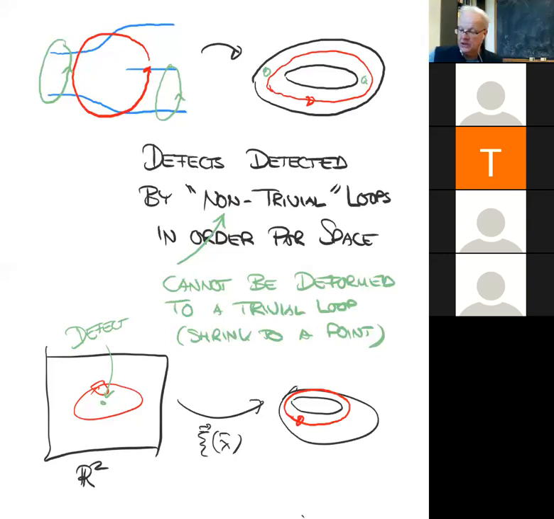Okay. So there's a fancy mathematical way of saying that if you want to study possible dislocations in a crystal, you should consider the kinds of loops you might encounter in order parameter space.